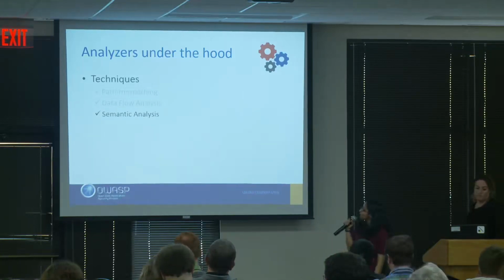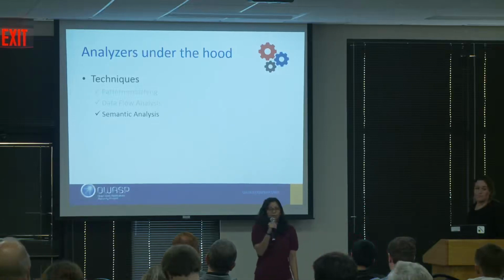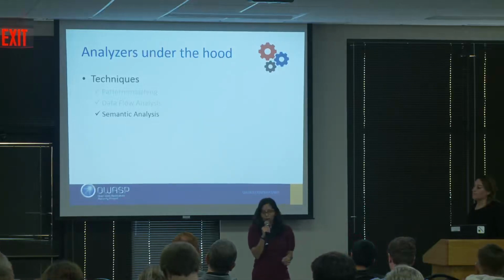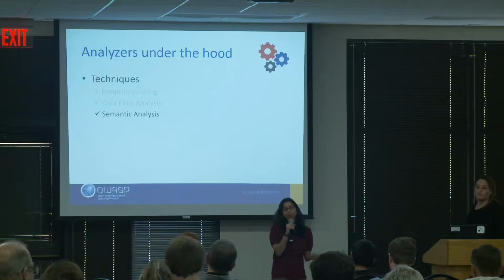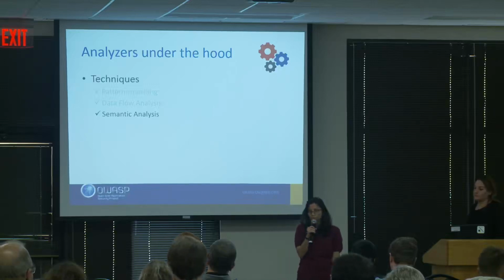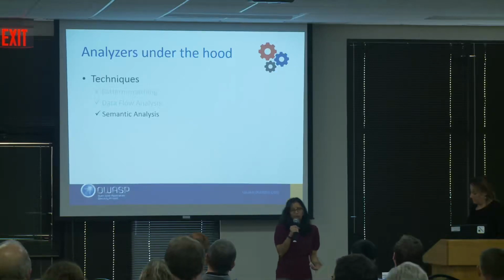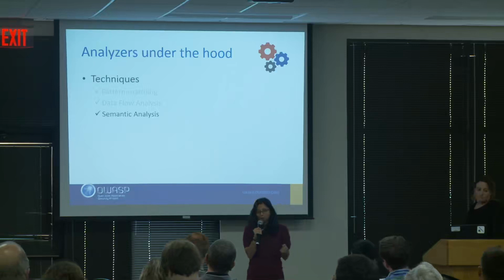Another technique is semantic analysis. Now there are certain APIs or functions which are known to cause vulnerabilities. For example, in JavaScript, if you have heard of the function called eval, what it does is it takes in any arbitrary JavaScript code and just executes it, no matter what JavaScript it is.